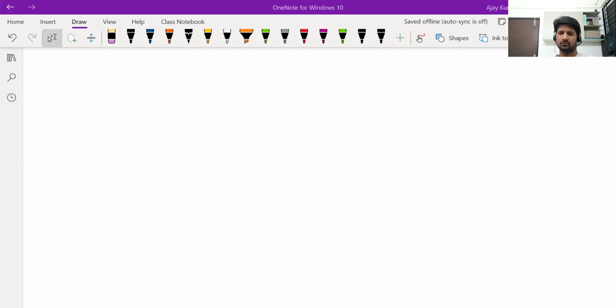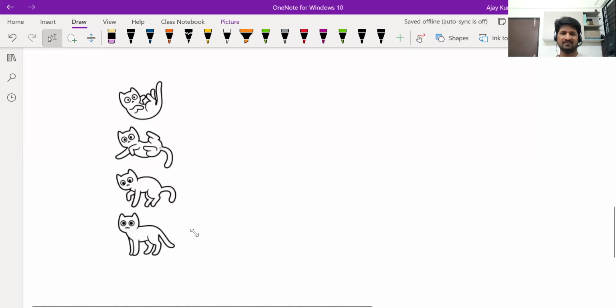Like, it's falling through air. It doesn't have any support or anything. How does the cat manage to adjust its orientation during the fall? Any idea, anyone?